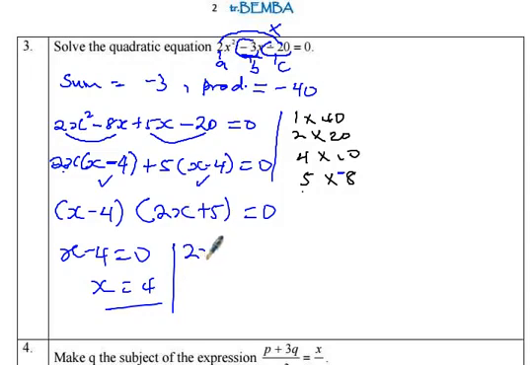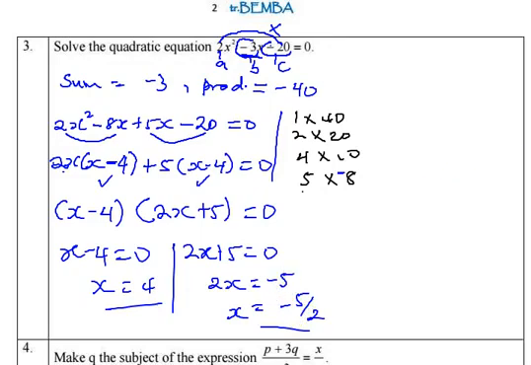Or this number here is equal to 0, and so when we take 5 to the other side, 0 minus 5, minus 5 divided by 2, x should equal minus 5 over 2. So this is our second answer, and that is our factorization method.